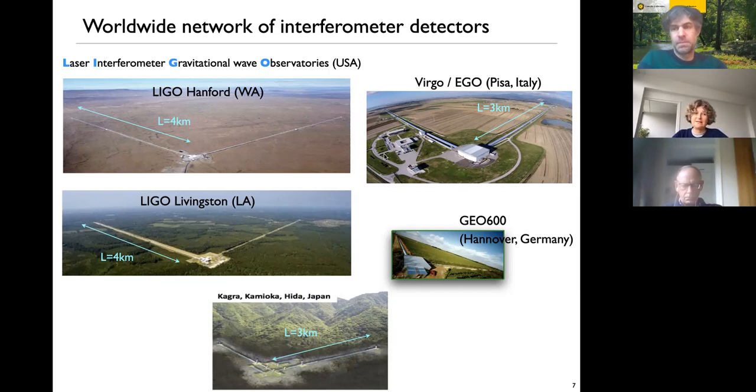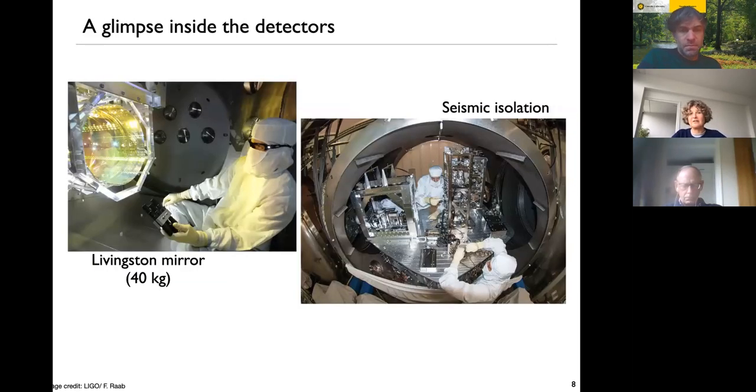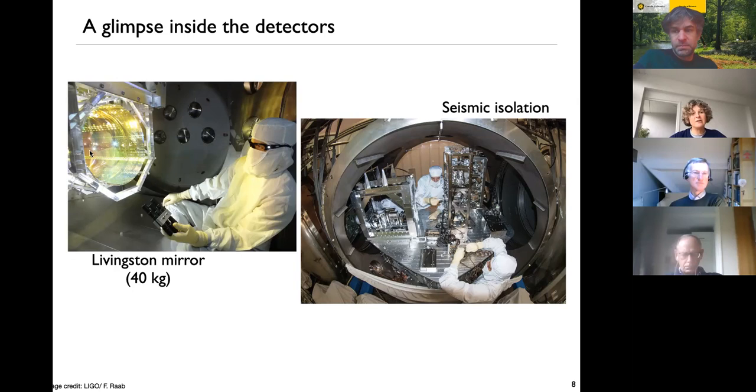And it doesn't take only a large-scale instrument to do that, but also very sophisticated interior design of the instrument. For example, on the left here, this round thing is the mirror that reflects the laser light at the end of the arms. It's a 40-kilogram object, and of course, very highly polished and specially coated to minimize any losses.